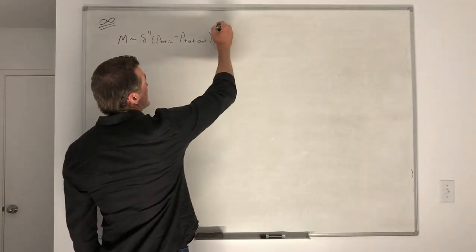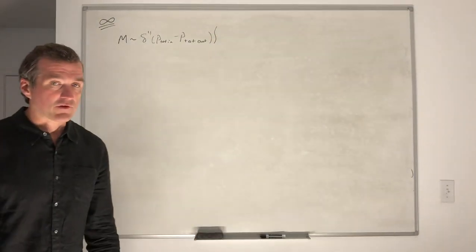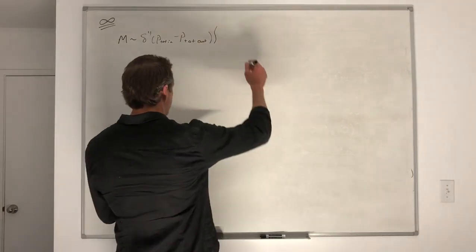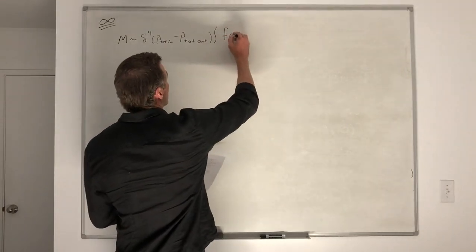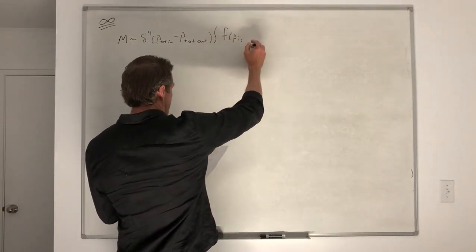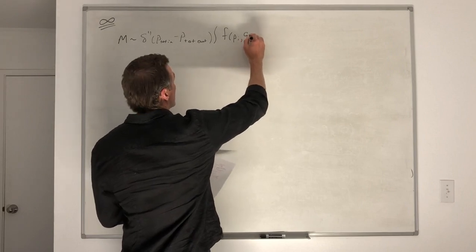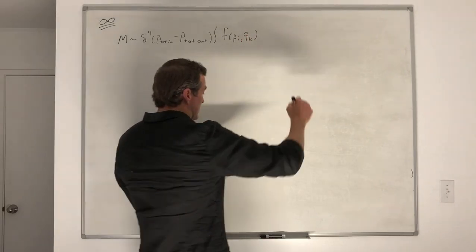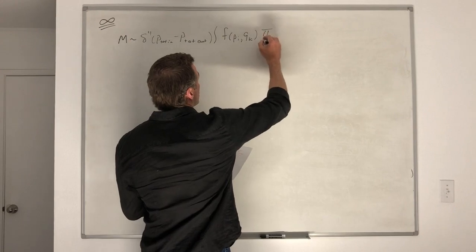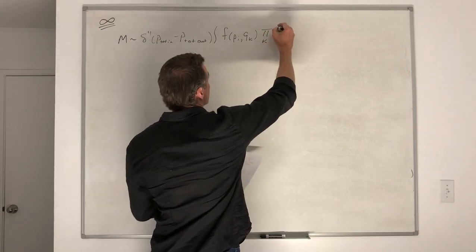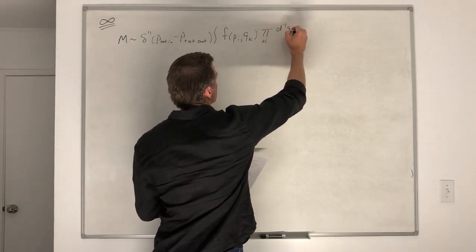And then, depending on the diagram, this isn't always true, but we can end up having to do an integral over some function of the external momenta, and then actually integrating over residual internal momenta that can't be handled with delta functions.